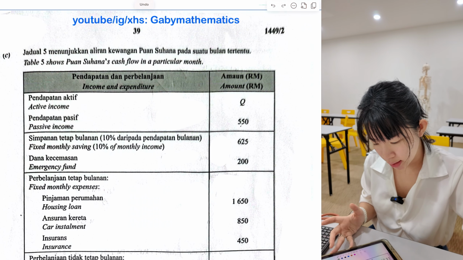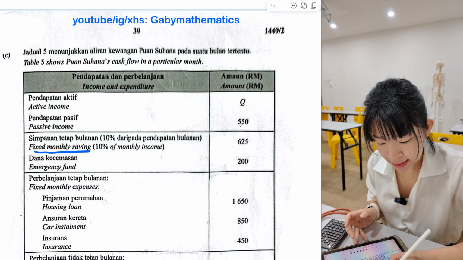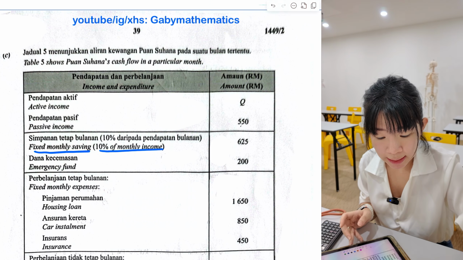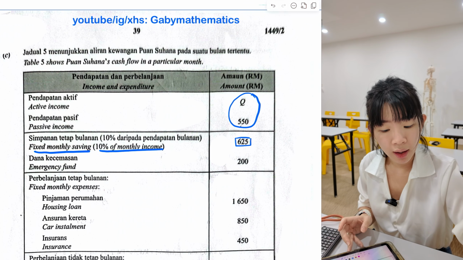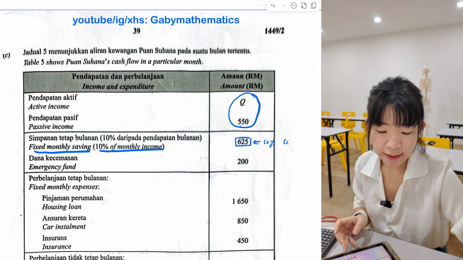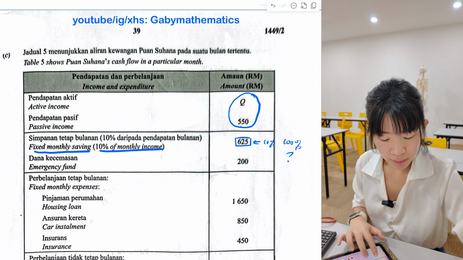So from here we can get Q. They tell us the fixed monthly saving is 10% of the monthly income. So 10% of the monthly income is 625. The monthly income is everything here. So if this is 10%, how much is 100%?